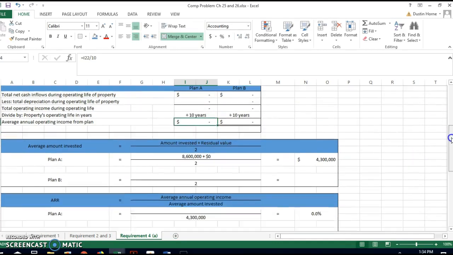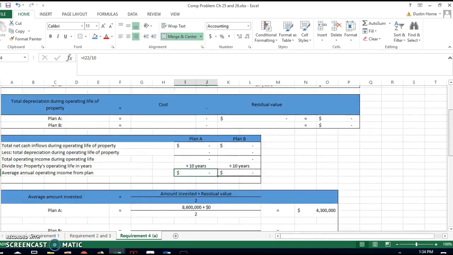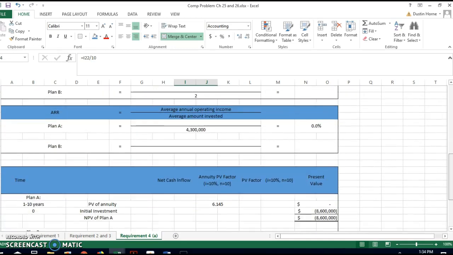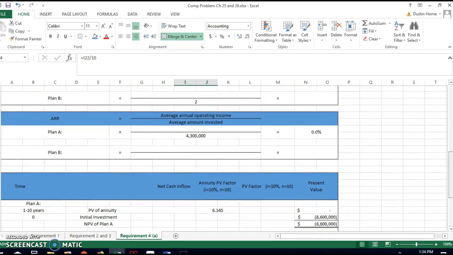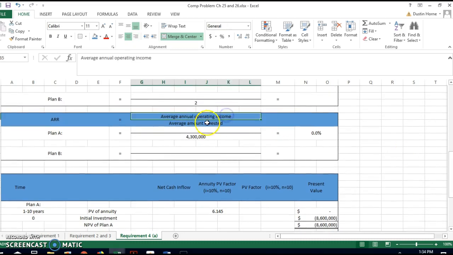Okay, so you're going to get those from above, so that's why we had to do that. So this is building on each other. So this is coming from above, and this is coming from above. Those two numbers, you divide them, and you're going to get a percent, and you want to round that percent to the nearest tenth place. And remember to round it, you can use these little arrows here.